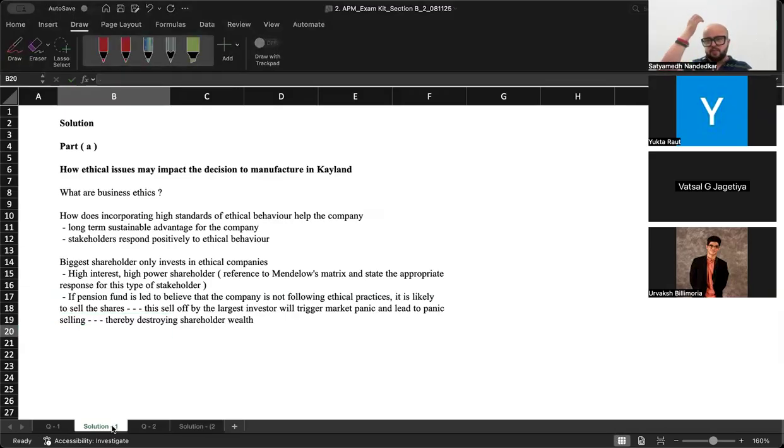If the biggest investor sells, then everybody will start offloading the shares, and that is not going to work for the company.